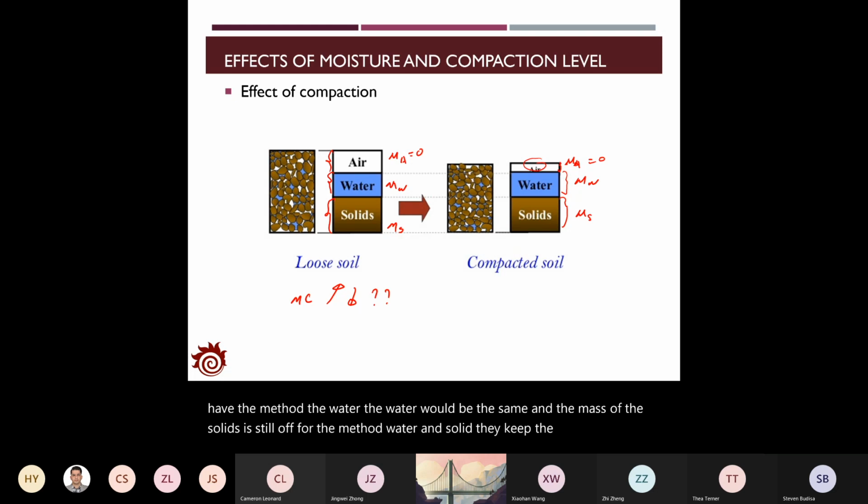But if we check the definition of the moisture content, it is based on the wet weight.